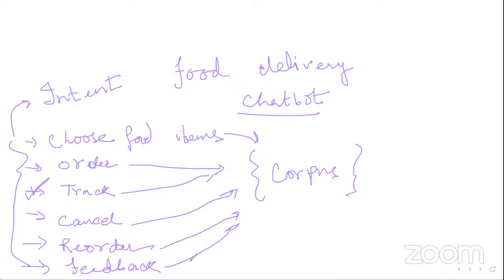So the first problem is a lot of overhead work needed for annotation. The second problem was you cannot build a generalized conversational platform. The third problem is you cannot expand or scale your chatbot. If you want to scale your chatbot, a lot of cost is involved.